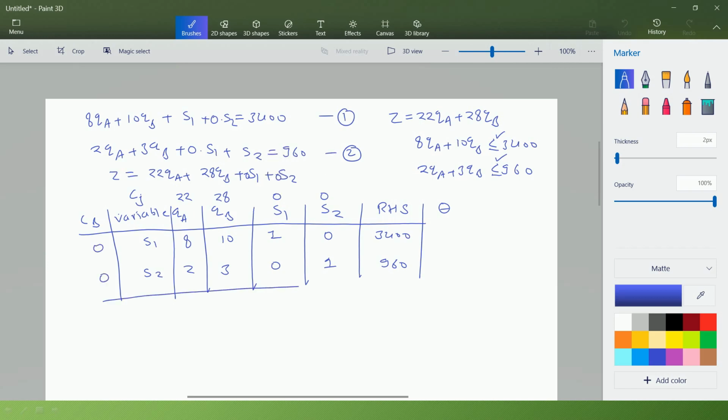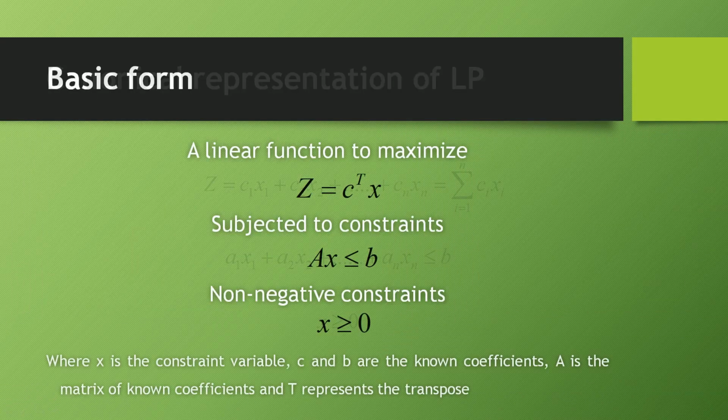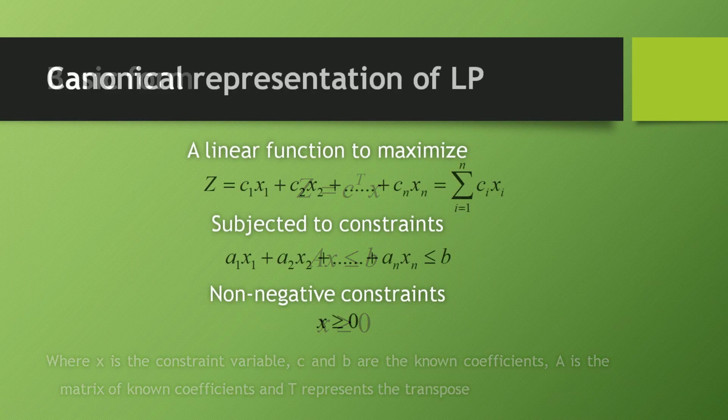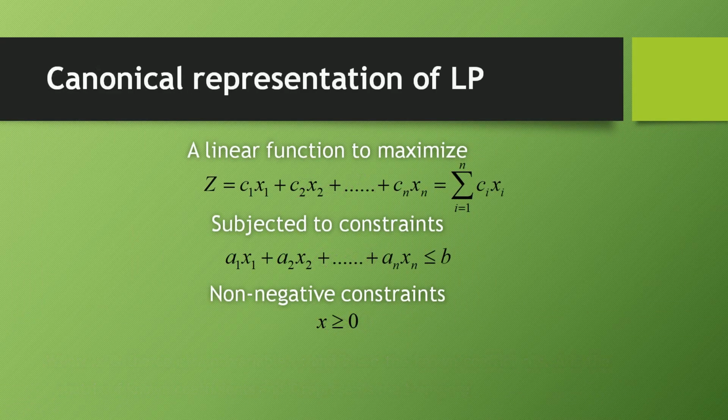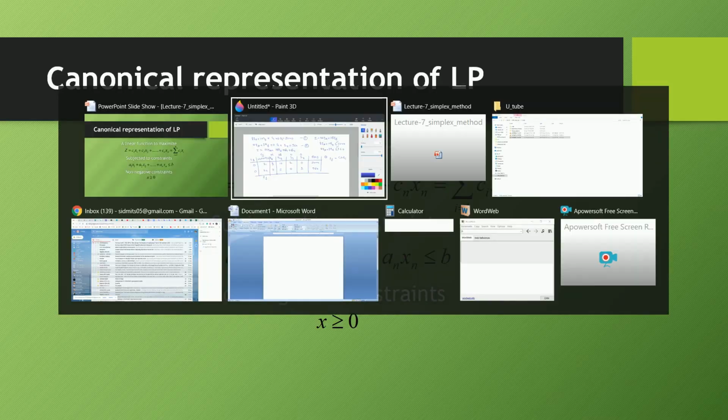Now first we will find the Zj. What is Zj? Zj is nothing but C multiplied by Xi. Let me show it to you on my PPT. You can check it here. Z is Ci Xi, where X is the unknown variables and C is the coefficient of those variables in the equation.